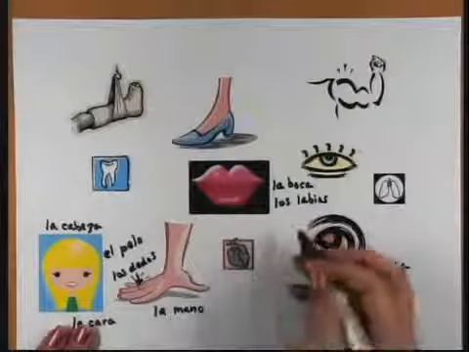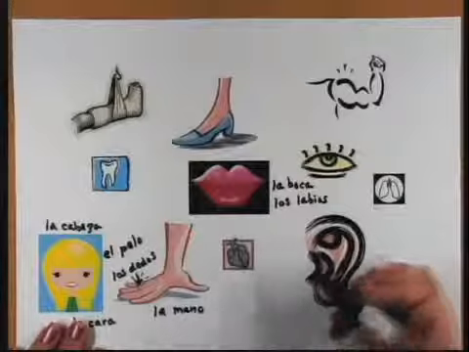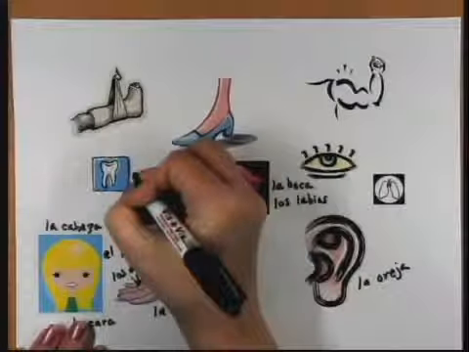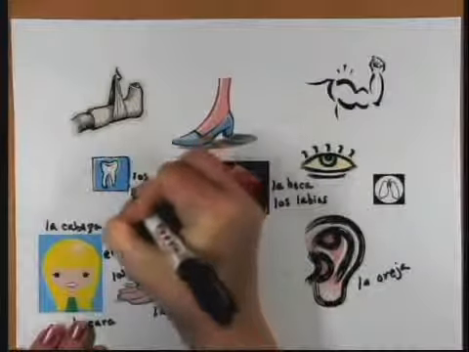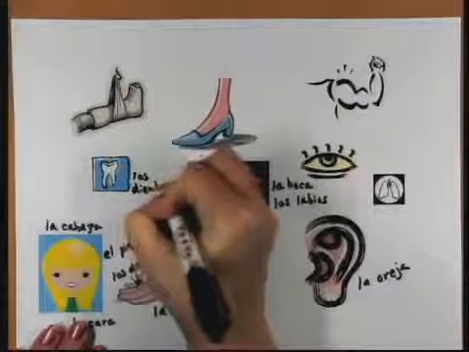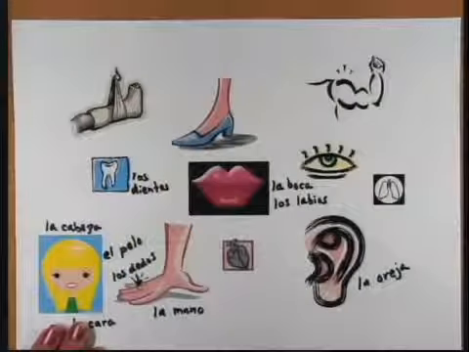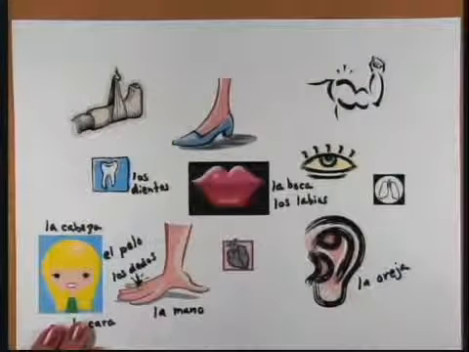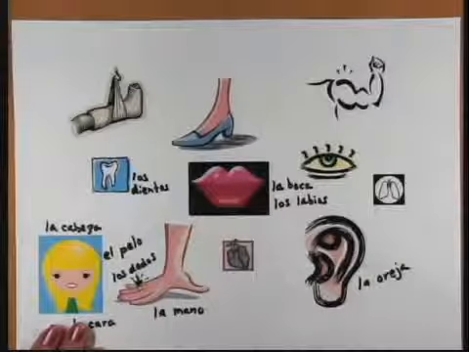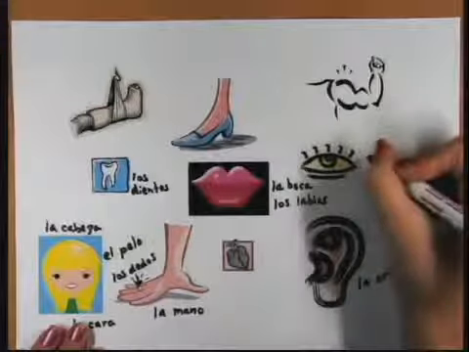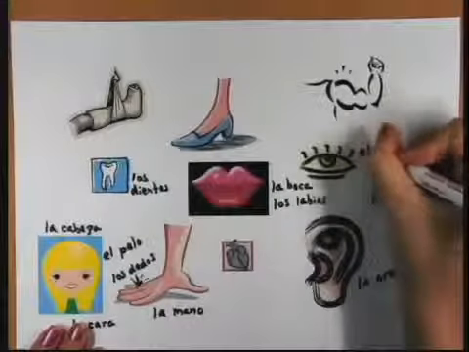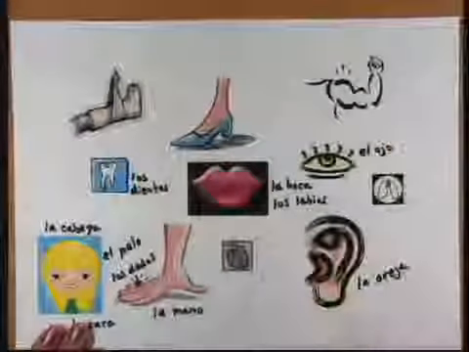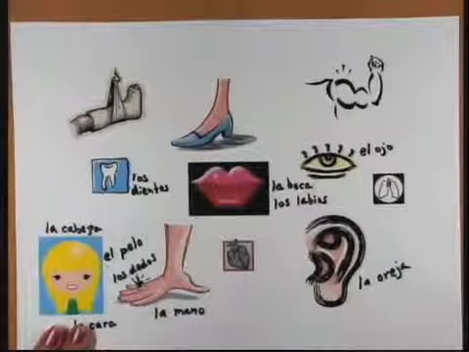Y dentro de la boca, inside the mouth, hay los dientes. Aquí hay un diente, muchos dientes son los dientes. Repite, los dientes. Y aquí hay el ojo. Repite, el ojo. Los ojos.